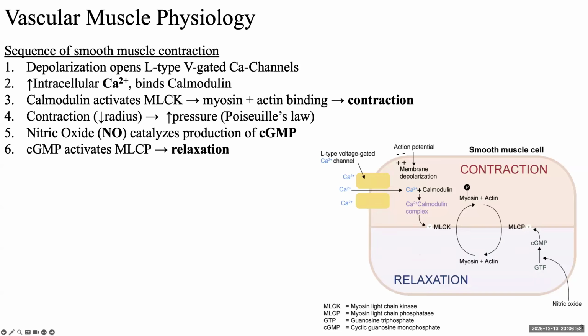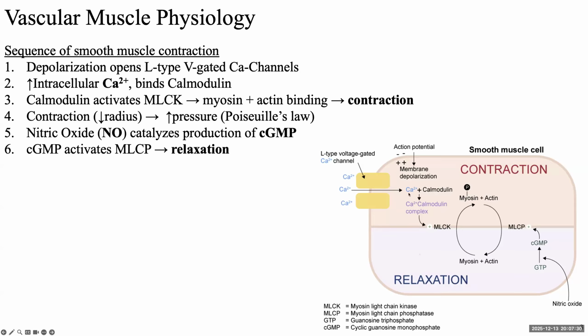So to start, let's go over vascular muscle physiology. So how exactly do we create smooth muscle contraction in the blood vessels? It starts with depolarization of the L-type voltage-gated calcium channels. And once that's opened, we'll get an influx of calcium into the cell, which will increase our intracellular levels.